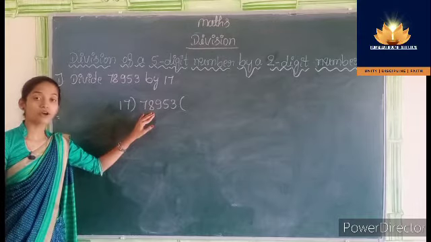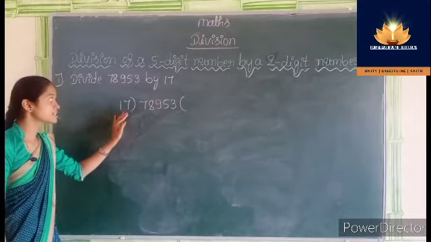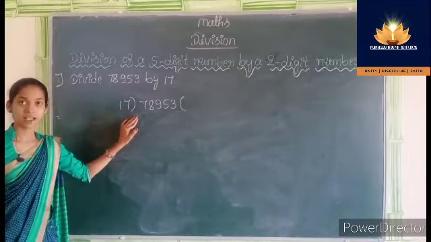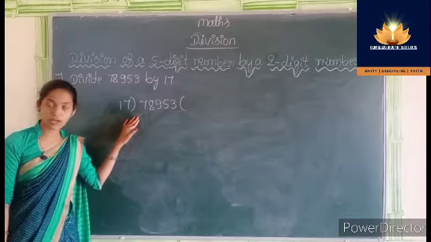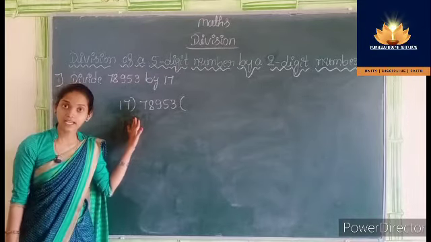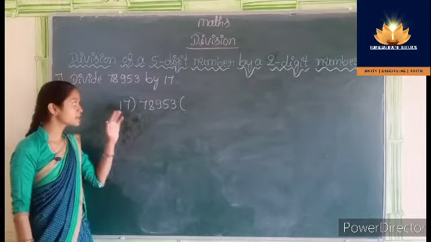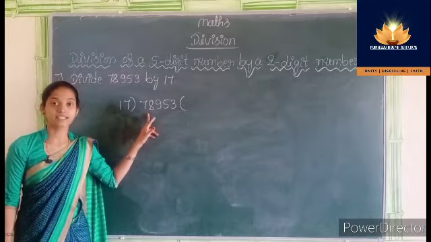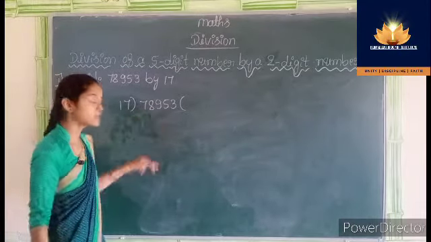Now find out which number is less than or equal to this 78 in the table of 17. 17 ones are 17, 17 twos are 34, 17 threes are 51, 17 fours are 68, 17 fives are 85. 85 is greater than this 78, that's why we have to consider 17 fours are 68.